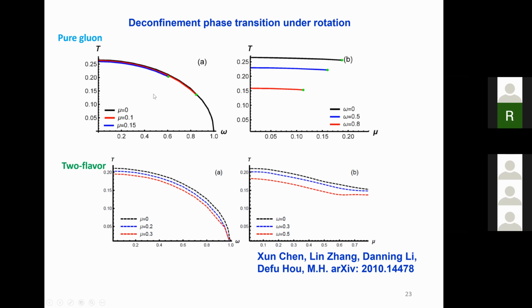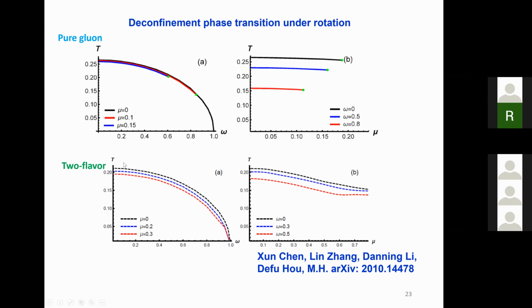We can see this is the phase transition T_c as a function of omega with different mu, and this is the phase transition T_c as a function of chemical potential for different omega. With the increase of omega, the CEP, this critical point, shifts to the left part of the phase diagram.